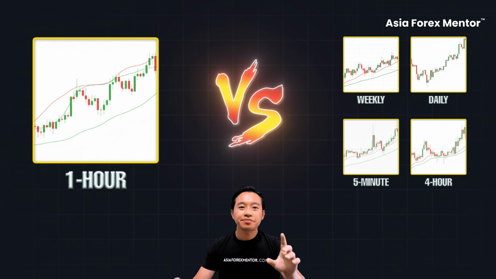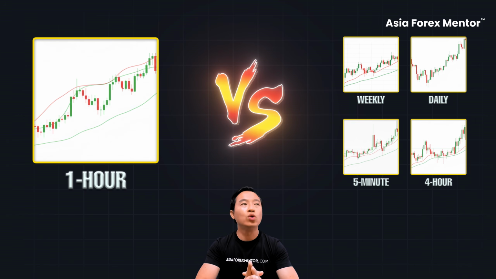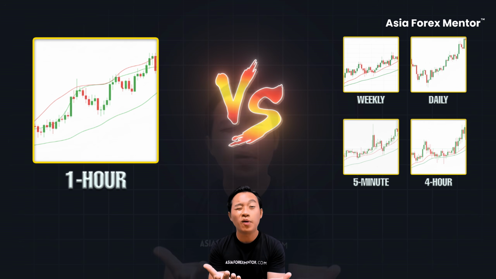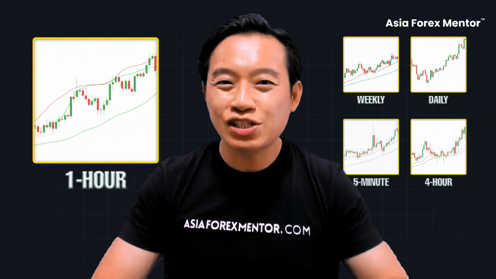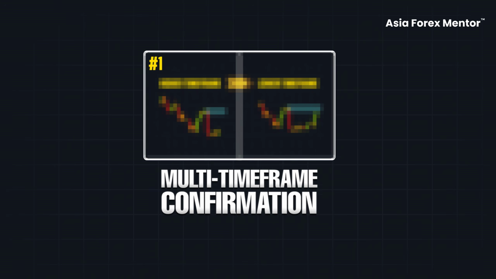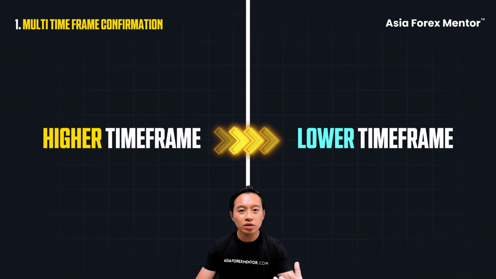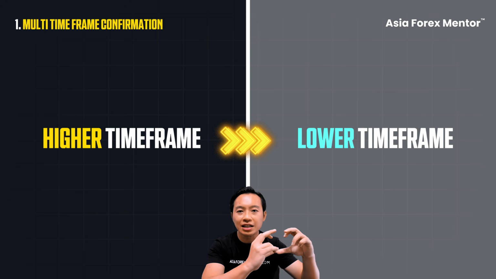All right, so now, trading off a single time frame is like trying to read a map with one eye closed, because you always miss the big picture. That's why our first teaching matters: multi-timeframe confirmation. This gives you the big picture versus the small picture lens.